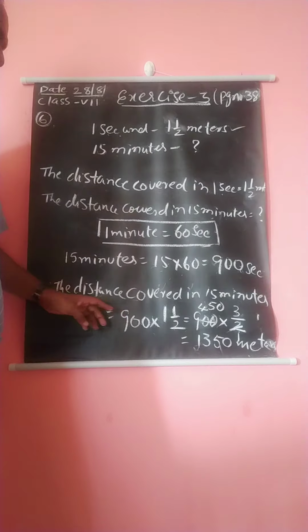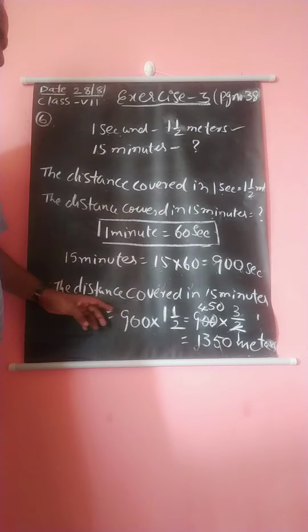In the seventh one, what is given there?